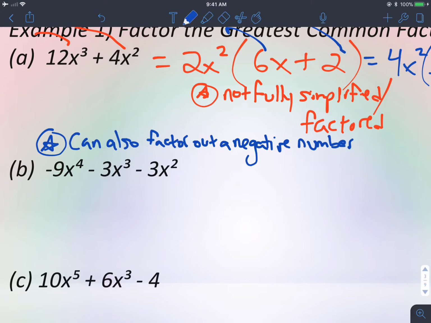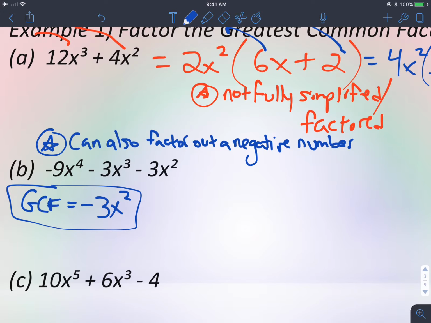But you see how they're all negatives? Maybe it'll make sense to pull out a negative 3. The greatest common factor will be negative 3. Now, how many x's do they all have in common? Yep, x squared. So I'm going to say that the GCF is negative 3x squared, and I'm going to factor that out of all of the terms.